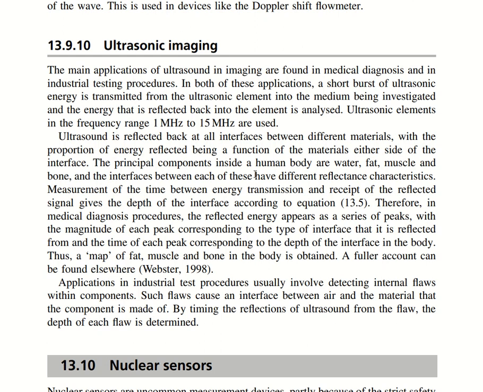So because of that, in medical diagnosis procedure, the reflected energy appears as a series of peaks with the magnitude of each peak corresponding to the type of interface that is reflected from, and the time of each peak corresponding to the depth of the interface in the body. Thus, the map of fat, muscle, and bone in the body is obtained, and a full account can be found elsewhere, right?